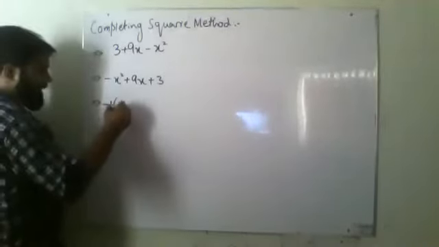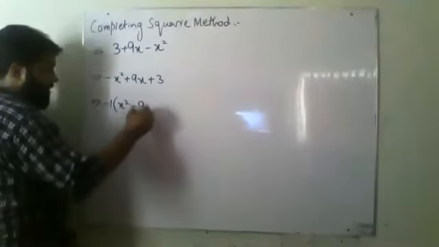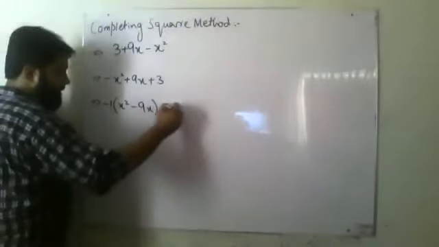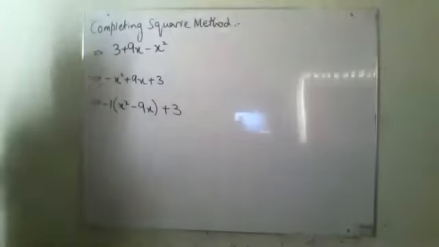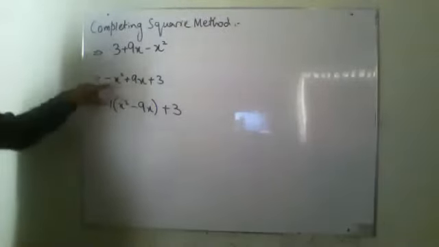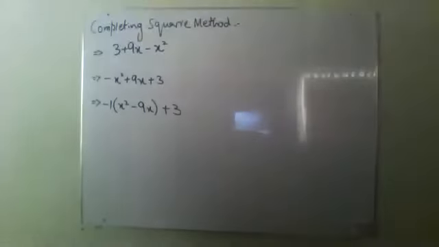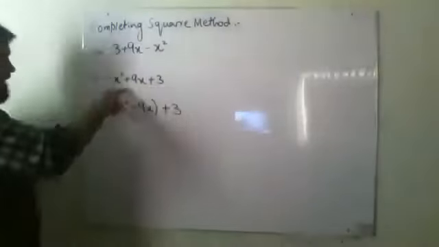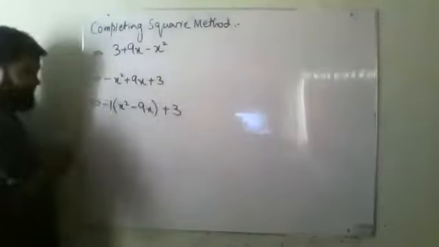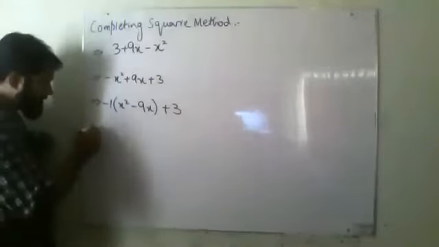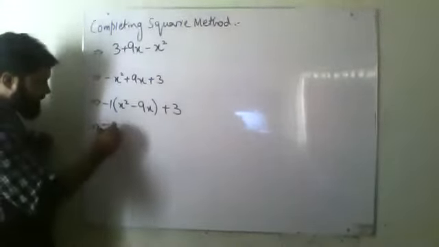This will become x square minus 9x, and plus 3 is outside. I have taken minus 1 common from these two terms, the terms with the variable, and the rest is written as it is. After this, minus 1.